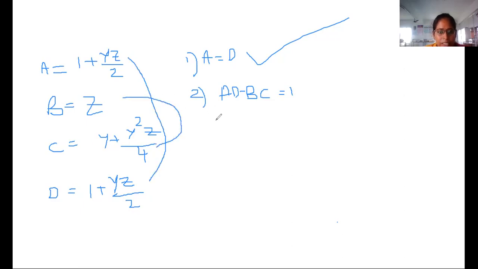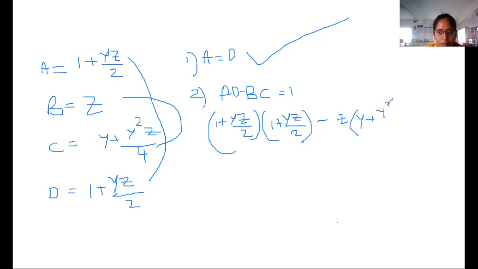So A into D is nothing but (1 plus YZ by 2) into (1 plus YZ by 2), minus B value Z into C value Y plus Y square into Z by 4.